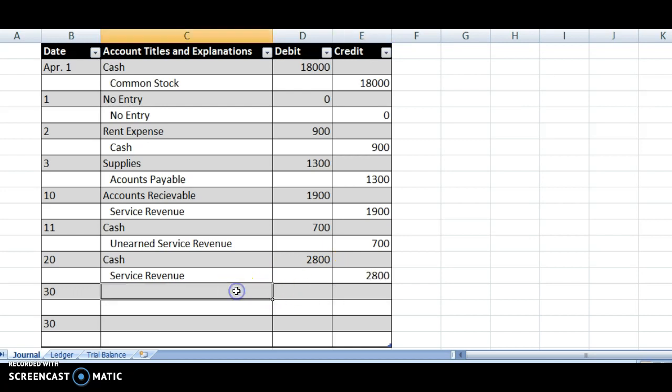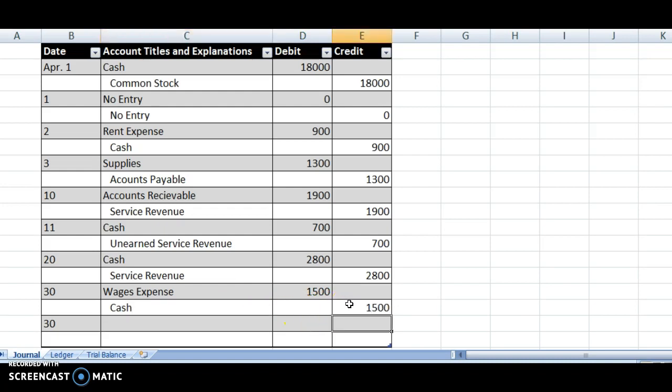Okay, next on the 30th, we paid our secretary/receptionist for the month $1,500. So wages expense is going to be debited for the $1,500, and cash is credited $1,500 because we paid that out.